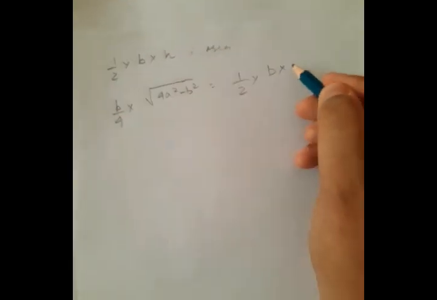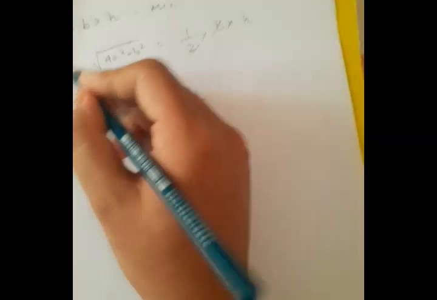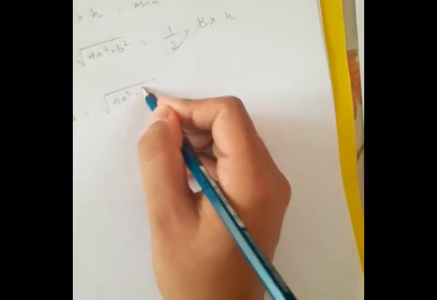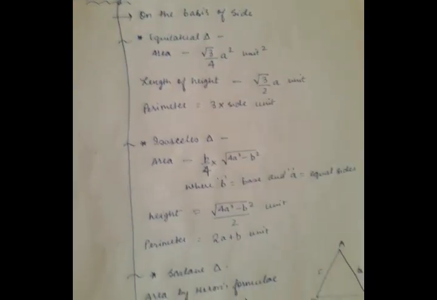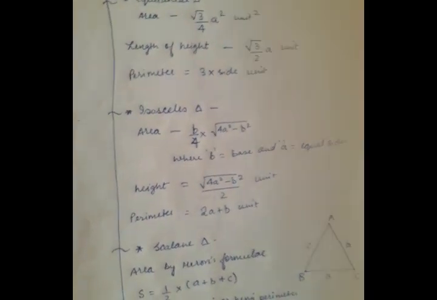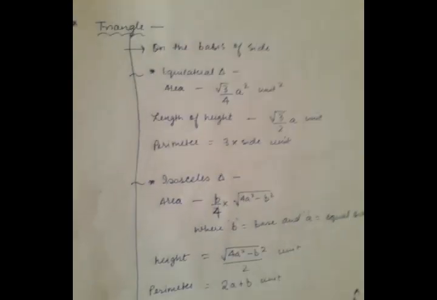The base we know was b, and we didn't know the height, so the 2 is gone, and this is gone, so the height formula is just as mentioned here, and you got the same. So maths is basically about deduction. If you deduce it, there is no problem.